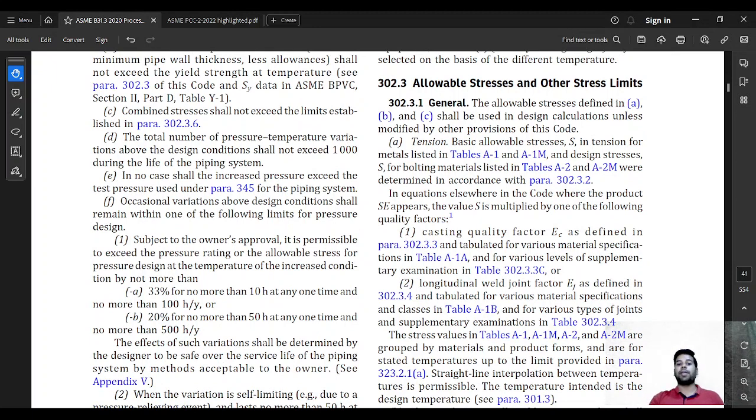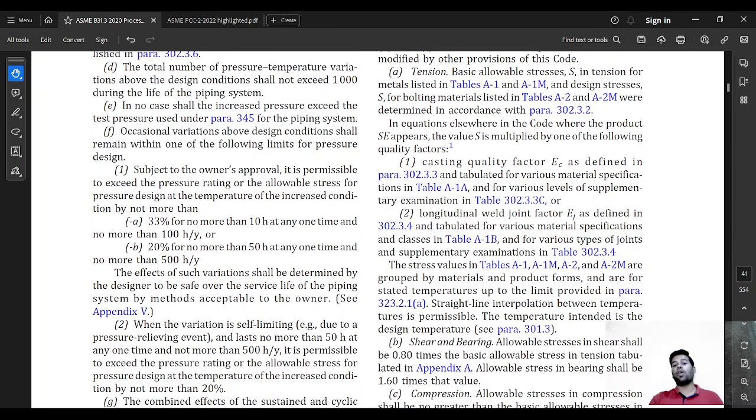The total number of pressure variations above the design condition shall not exceed 1000 during the life of the piping system. In no case shall the increased pressure exceed the test pressure under paragraph 345 of the piping system. Occasional variation of above condition shall remain within one of the following limits for the pressure design.